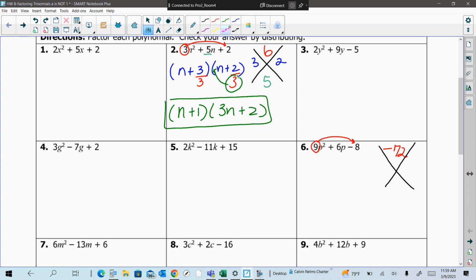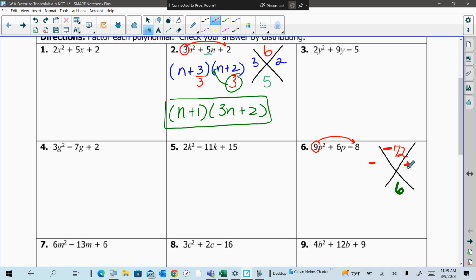And then I'm going to put the middle term, which is a positive 6, at the bottom. There's some clues here to help me understand. Because I see this top product is a negative 72, then my factors have to be one negative and one positive. Then, because there's different signs, I'm going to find the difference between those numbers.